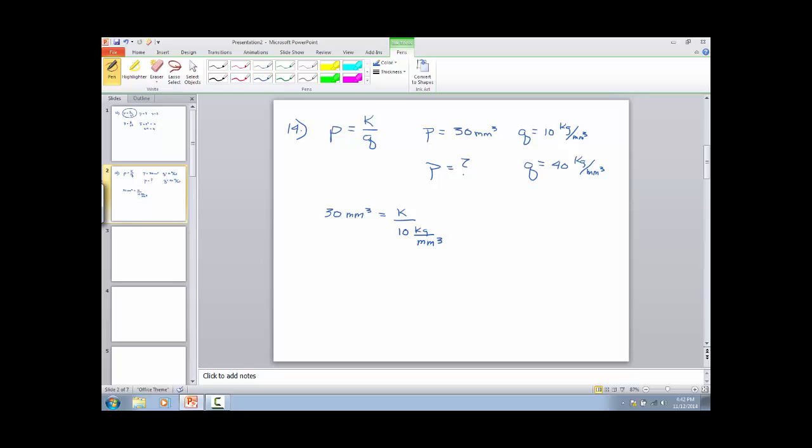Okay, so to get this out of the bottom, we've got 30 millimeters cubed times 10 kilograms per millimeters cubed. Our millimeters cubed cancels out, and we're going to end up with kilograms.